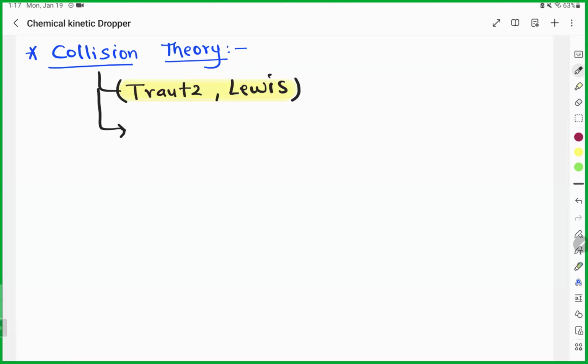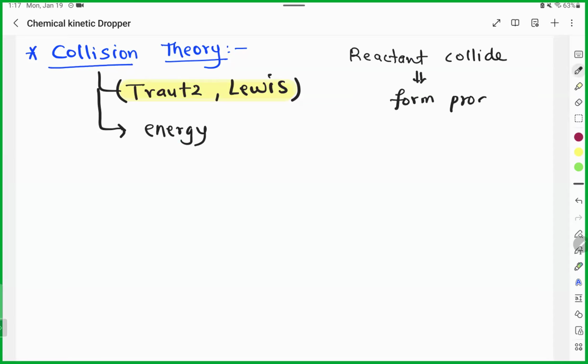Okay, so in this case we talk about the minimum energy needed if two reactant molecules collide and form product, because what is the meaning of collision theory? Reactants collide, and when these reactants collide they will form product. Make sense?